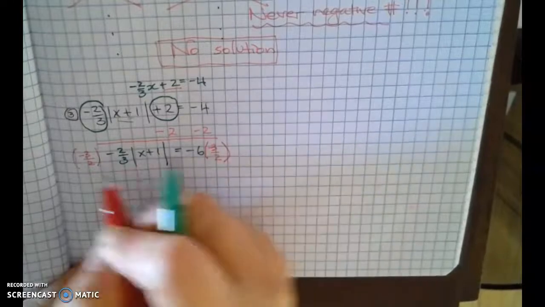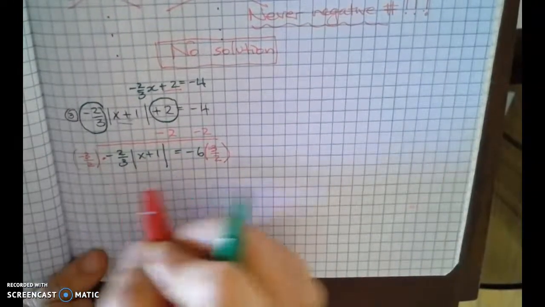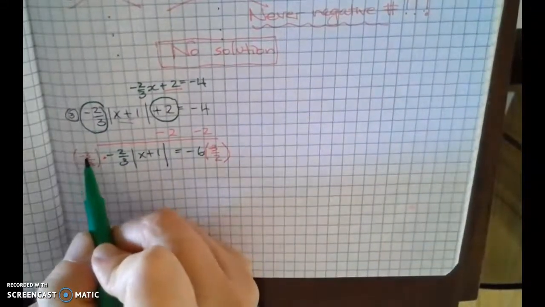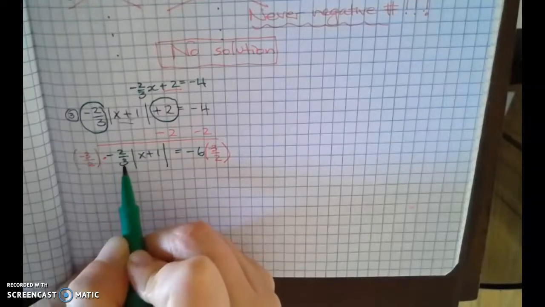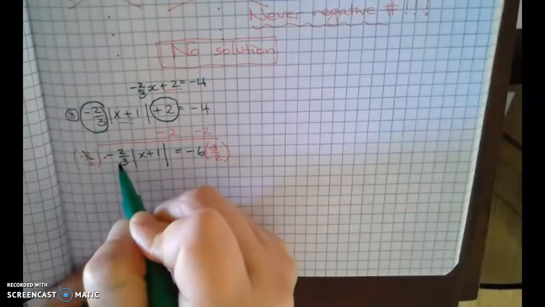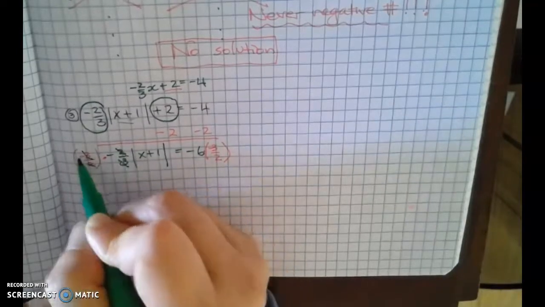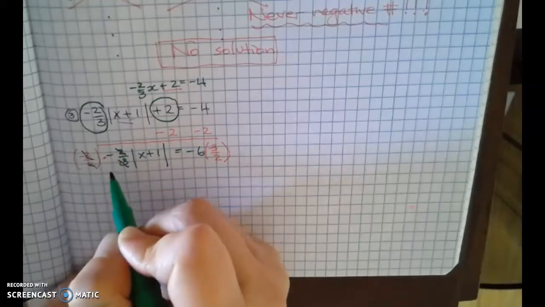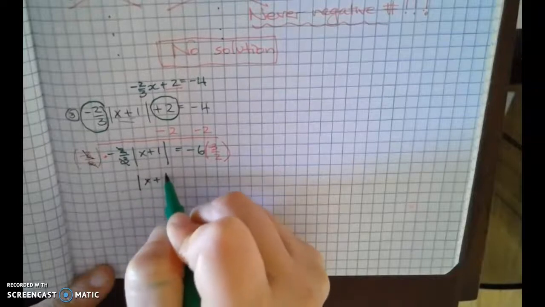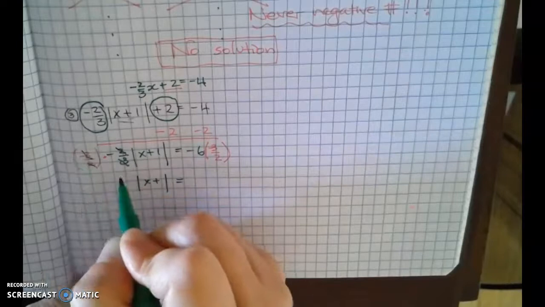So you are multiplying both sides by negative 3 over 2. Then when you do that, you're multiplying by negative 3 and then dividing by 3. So this 3 and 3 cancel out, and 2 and 2 cancel out, and the negative and negative become positive, and now you are left with just absolute value of x plus 1. You've gotten rid of all of this.